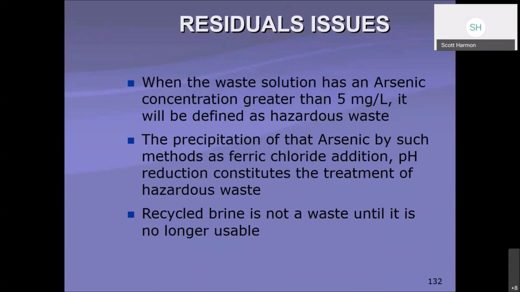So even after you've treated for the arsenic itself, the solids you've removed would also be considered a hazardous waste. The treatment process used for that, if you're regenerating brine, could be considered hazardous as well. But the recycled brine is not a waste until it is no longer usable. Once you've used up the usable brine, it then becomes a waste.